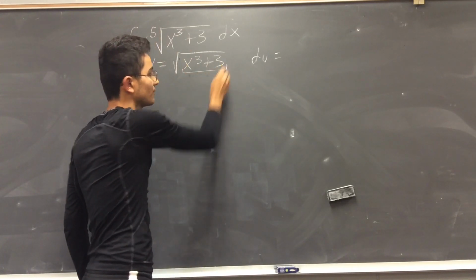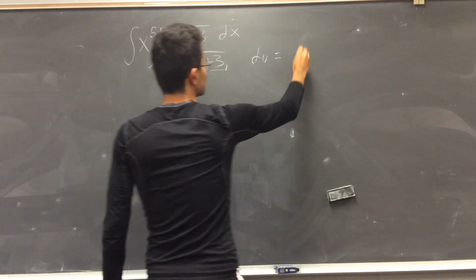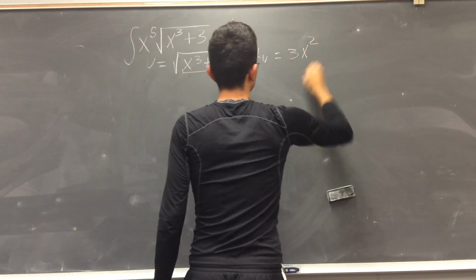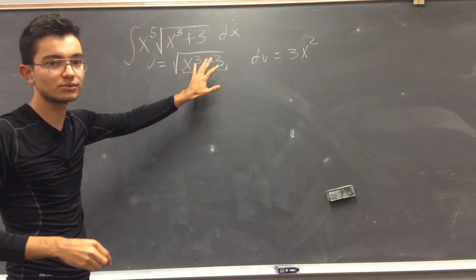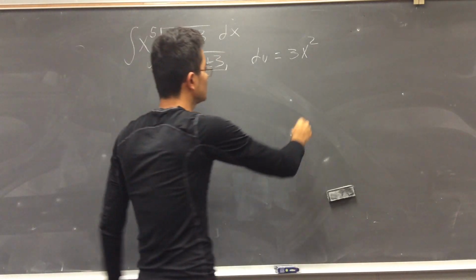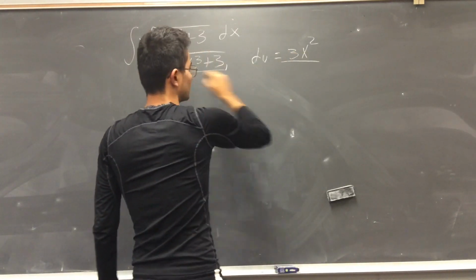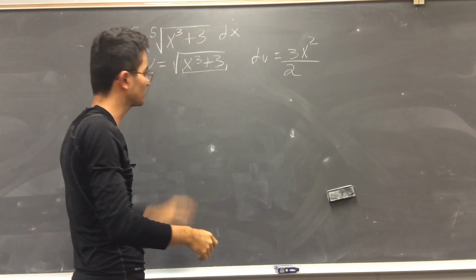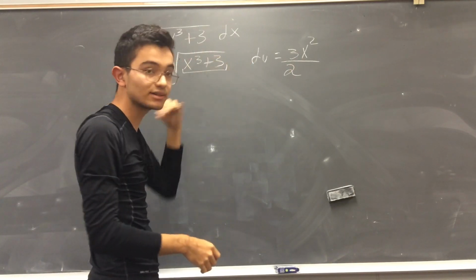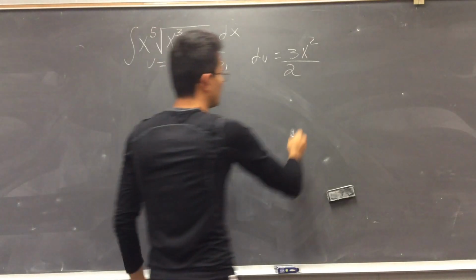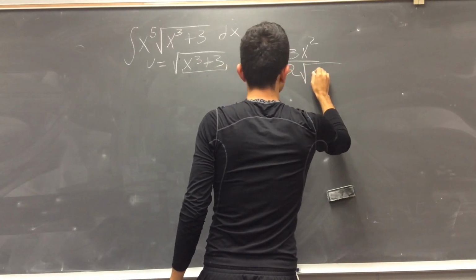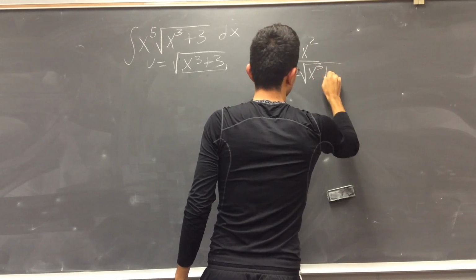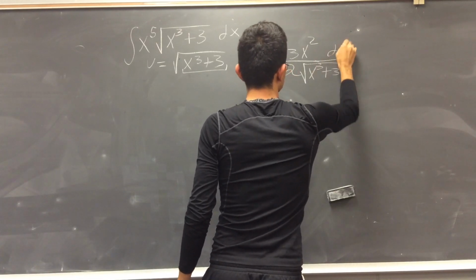So the derivative of the inside, which in this case is 3x squared, multiplied by the derivative of the outside, which is times a half, so that's going to be 2 on the bottom. And then the same function to the power of 1/2 minus 1, which is negative 1/2. So that's going to be the square root of x cubed plus 3 dx.